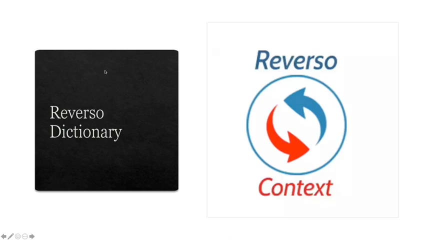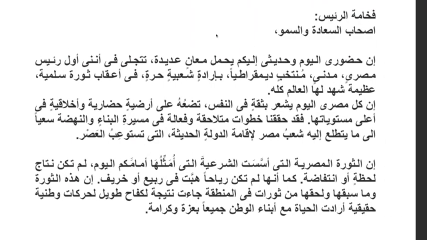Reverso is a context dictionary. It provides the meaning of a specific word in context, in the source language and in the target language. For example, if I want to translate this piece, I would start with reading the piece, and then I start by translating فخامة الرئيس.